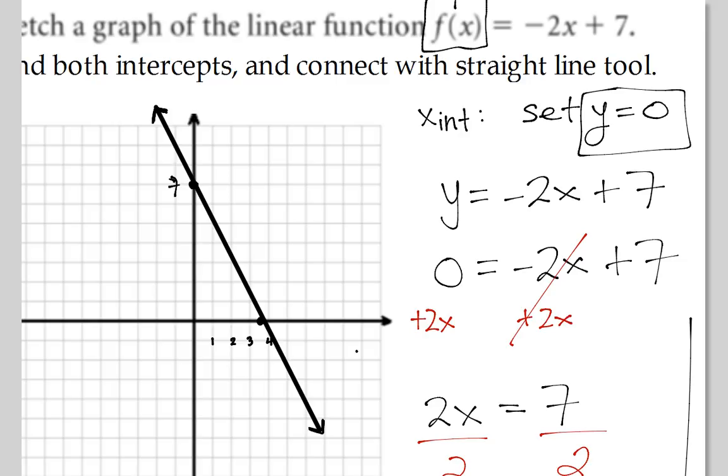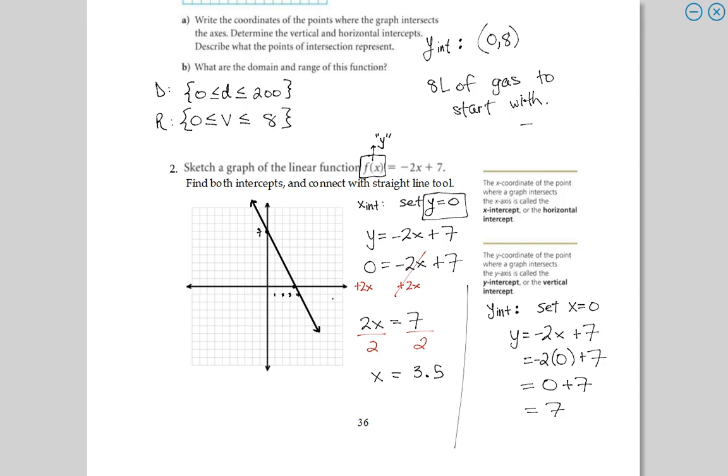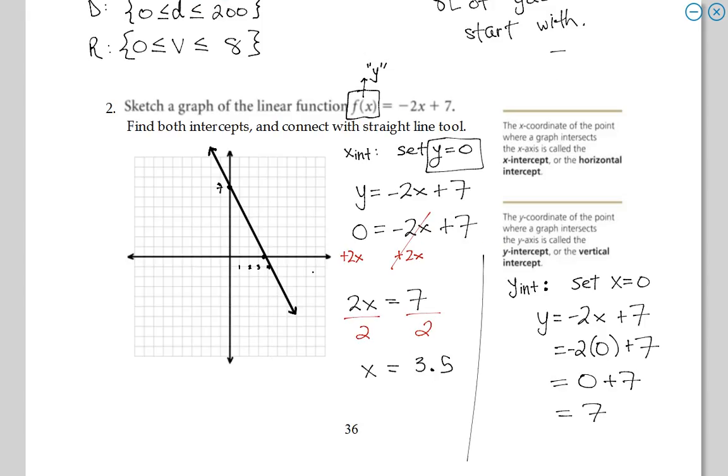And again, why do we put the arrows on it? Not to show it's continuous, to show that x could be any number, and therefore y could be any number. Because it's an equation. You could put any value of x in there, times it by negative 2, and add 7, which means it could go on forever.